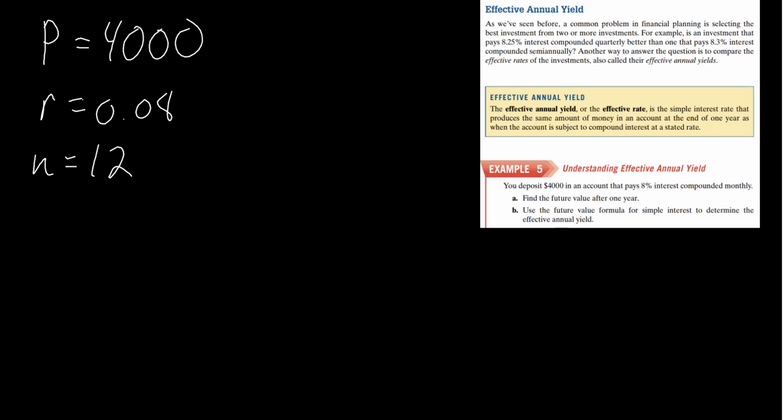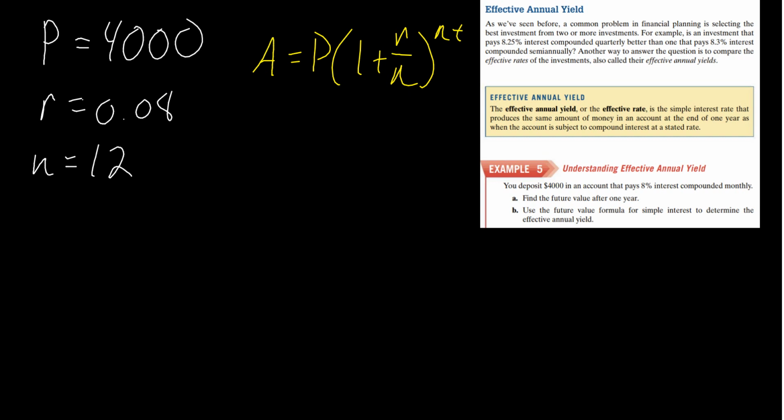So A reads, find the future value after 1 year. Our formula was A is equal to P times 1 plus R over N, raised to the NT. In the original problem, without even looking at A or B, we were given these three variables. Looking at the formula, I've got 1, 2, 3, 4, 5.